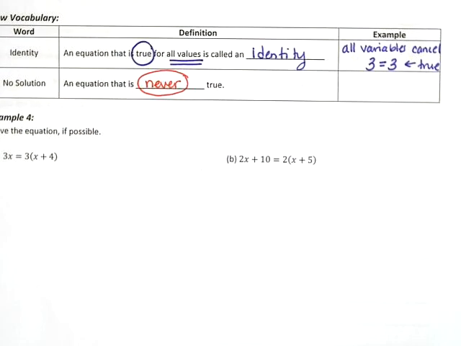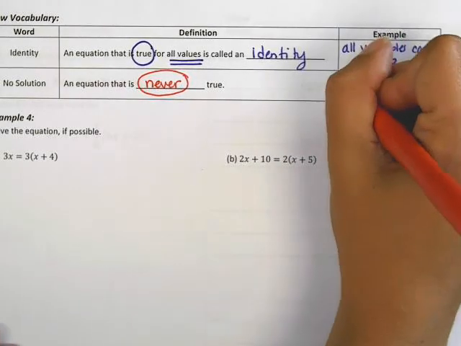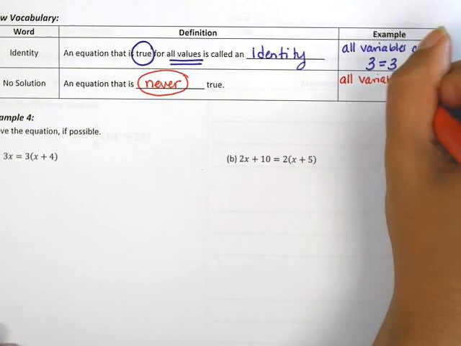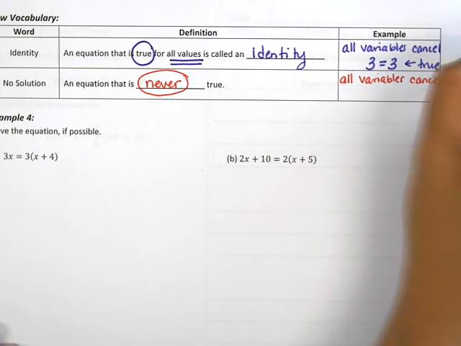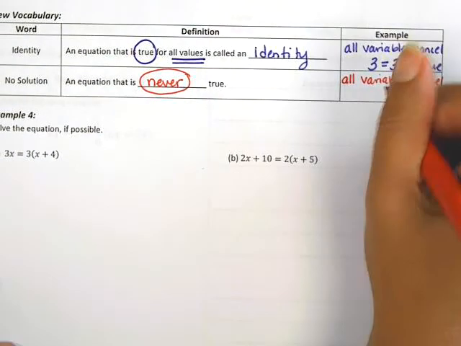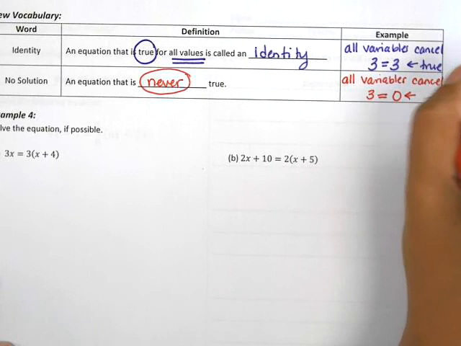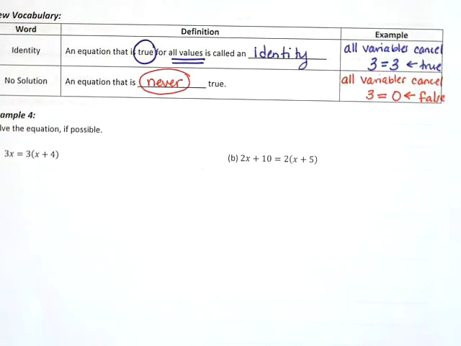So an identity is always true, and no solution is never true. Once again, all the variables cancel, but when you get to the end and just have numbers, you get something false, like 3 = 0. Since 3 never equals 0, the problem has no solution.